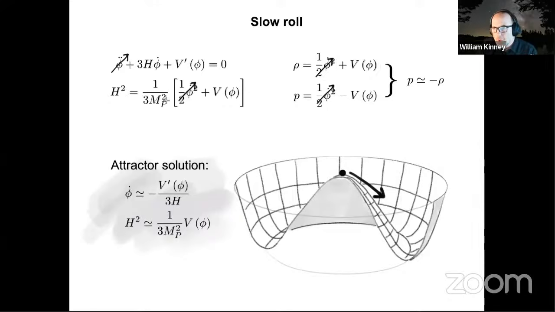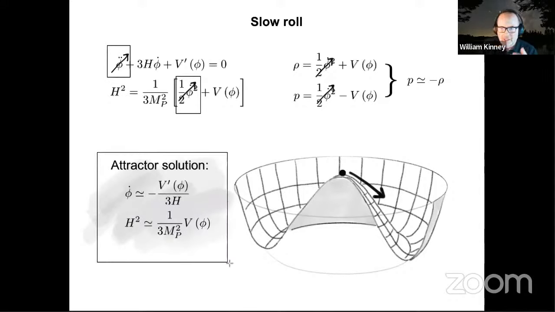Then there's the slow roll approximation, which is a little more subtle than that because this is the approximation that you're ignoring both the field velocity in the Hamiltonian, or the field kinetic term, but also this phi double dot in the equation of motion for the field.